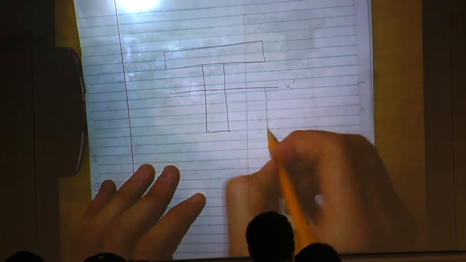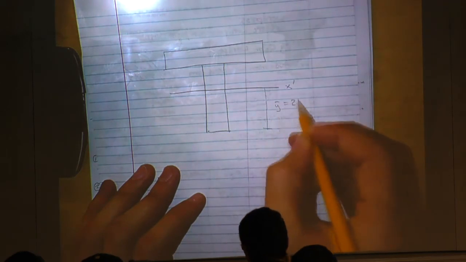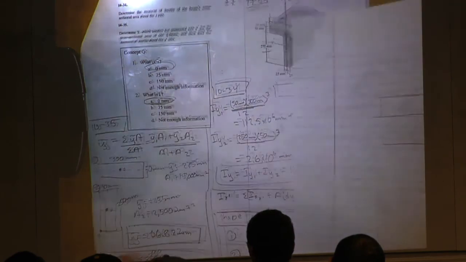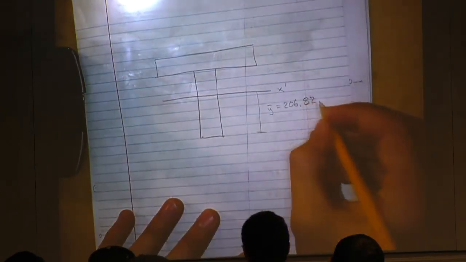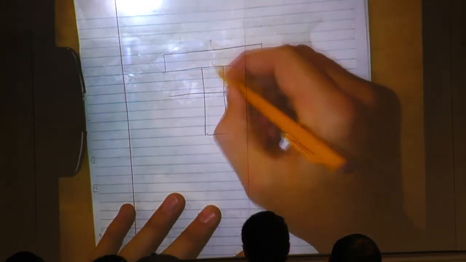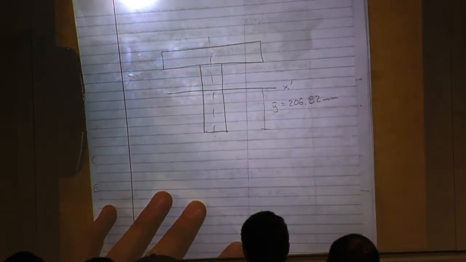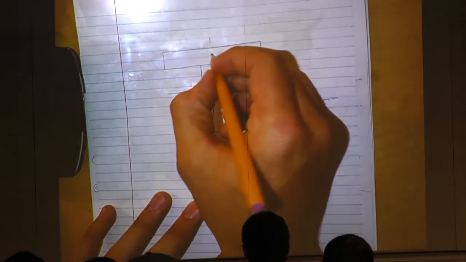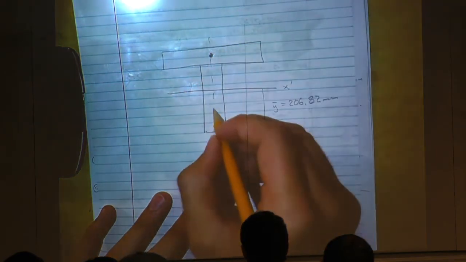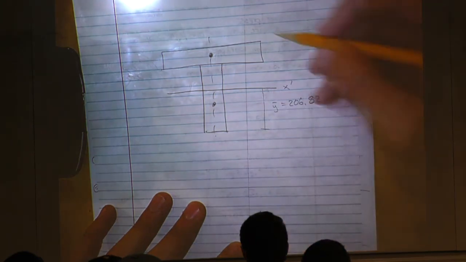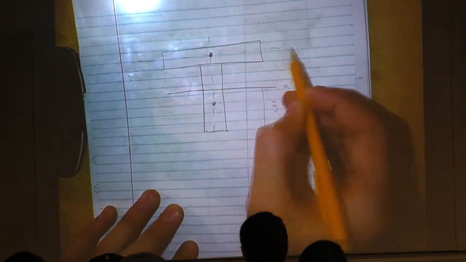And that's at a height equal to our y bar, which is like 206 point something. So that dy comes in where I need to find the distance from the axis that I'm finding to the axis of the center of the shape.